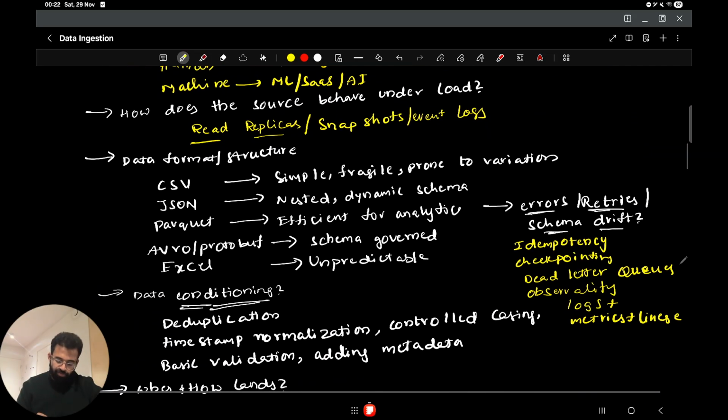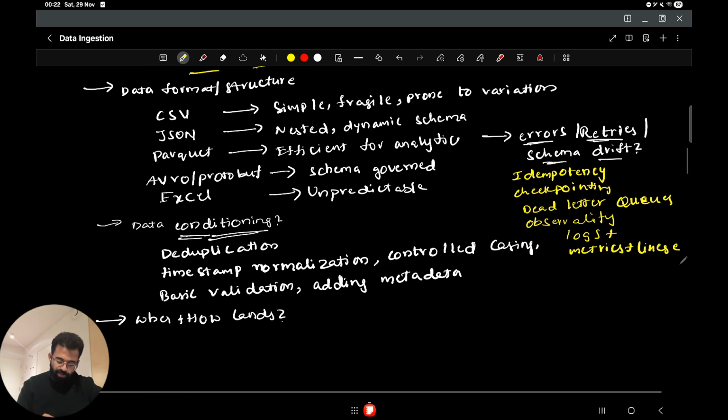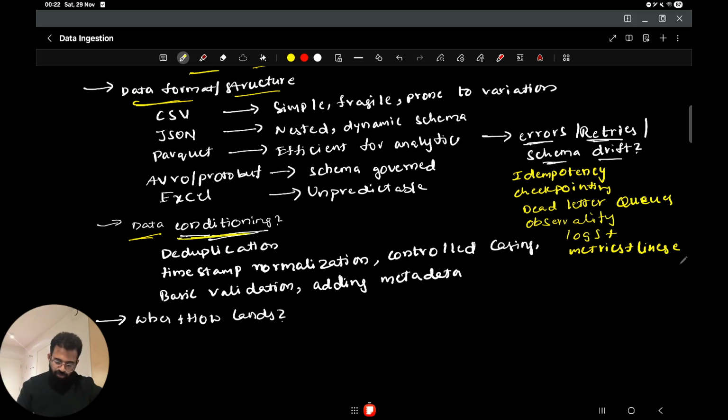We should also pay attention to the data format and structure, and put a lot of thought behind data conditioning, whether data needs any conditioning. We should also understand where and how this data will land, and have a strategy for handling retries and errors and schema drift. So that is it.